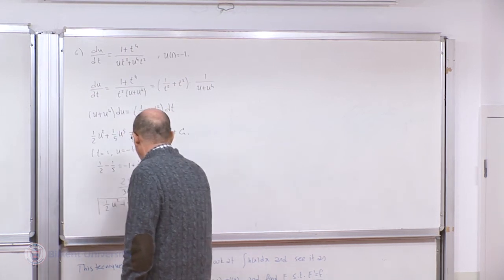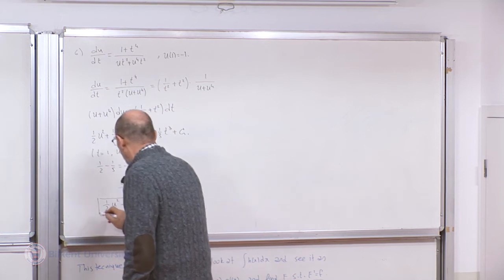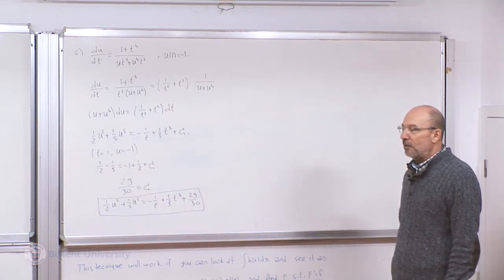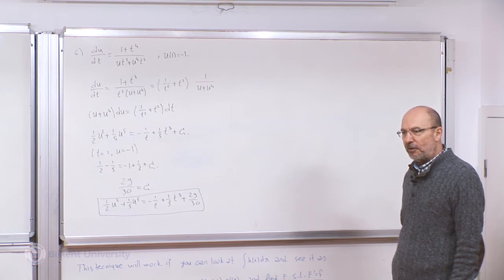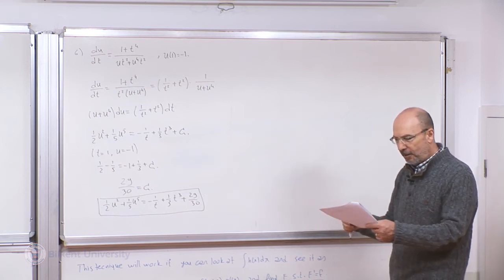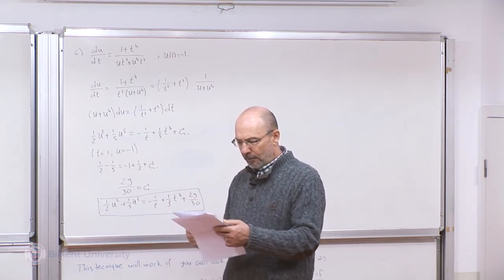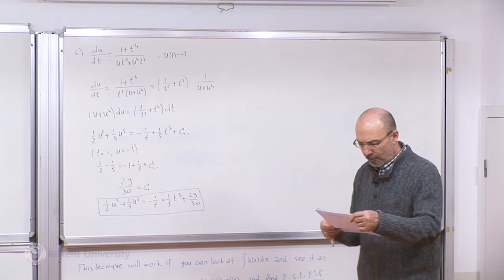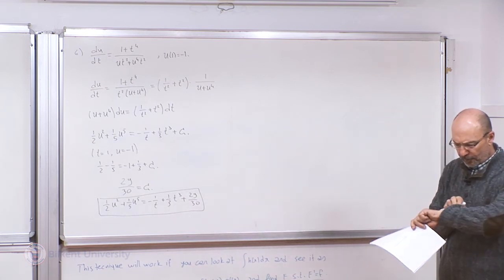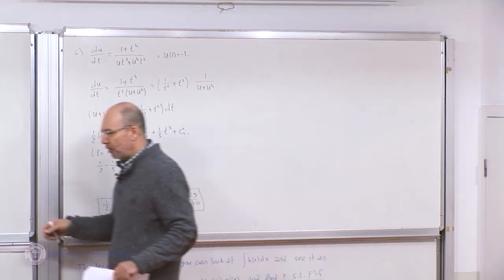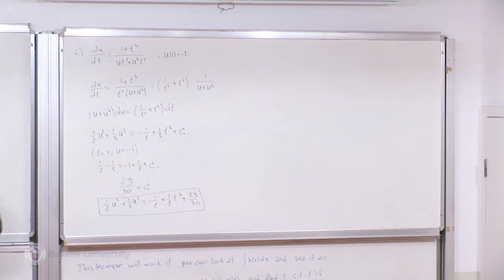Okay, so this is the solution as far as we can push it for this separable initial value differential equation. Okay, so let us do this one. This is a little bit more interesting.